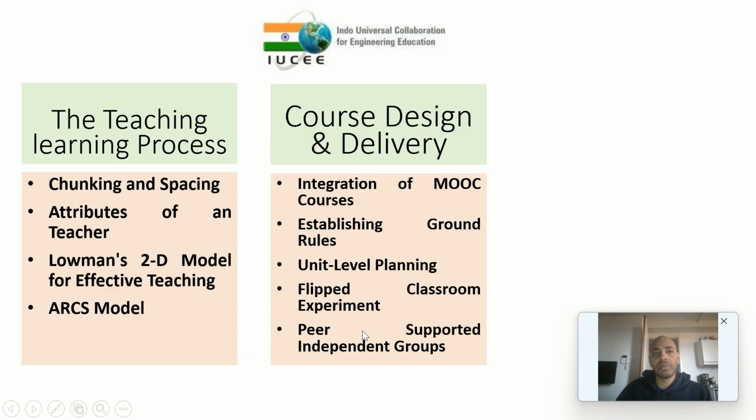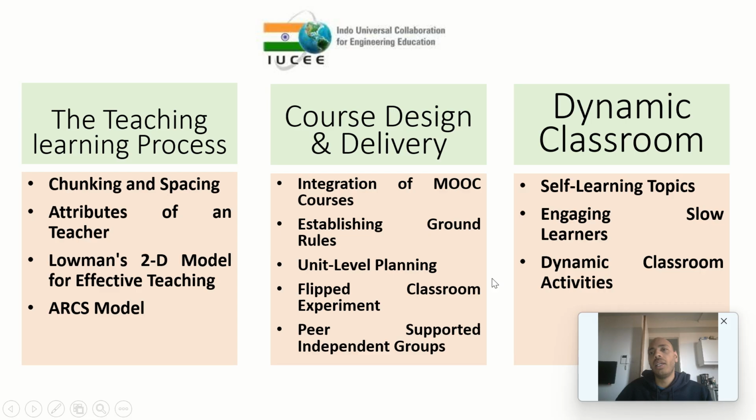In the second module, course design and delivery, we saw the importance of MOOC courses, the ground rules, how to do unit level planning, and the importance of flipped classrooms and PSIG groups. Then comes the dynamic classroom, where you can avoid self-learning topics to save time, how you can engage slow learners in your office hours, and how you can run dynamic classroom activities.